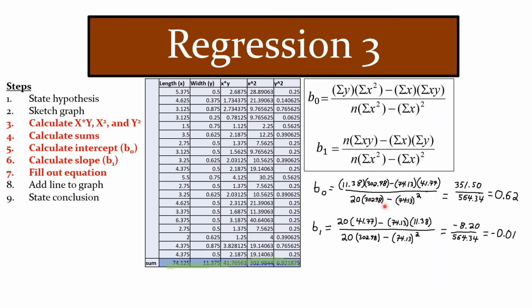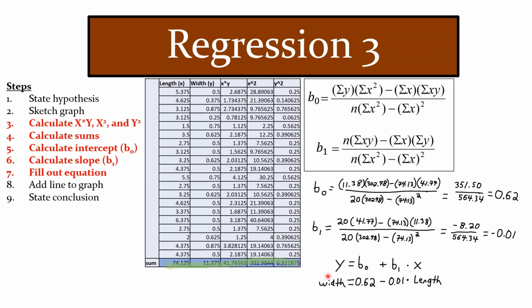You can take that all together, and unsurprisingly, we have yet again a sort of signal to noise ratio, one number divided by the other, giving us our slope of 0.62, and an intercept of 0.062 and a slope of negative 0.01.